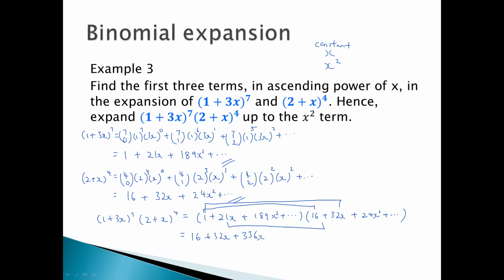Now I want my x squared terms. 1 times 24x squared is 24x squared. 21x times 32x is also x squared. 21 times 32 is 672x squared. And lastly, there's still one more possibility, which is this times this. 189 times 16, 3024 x squared.